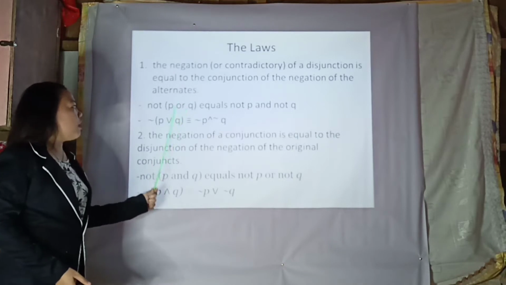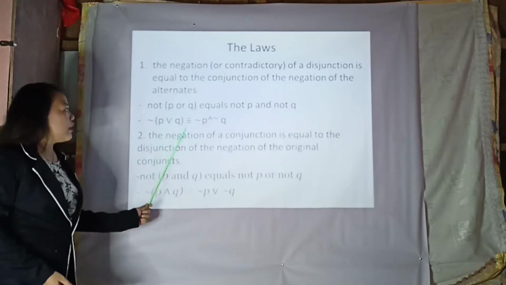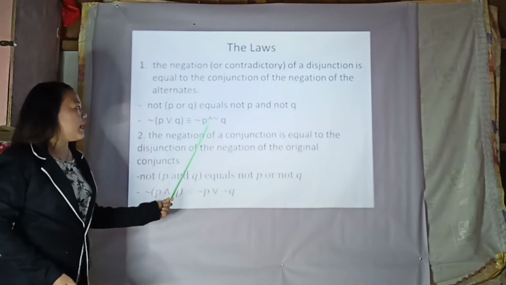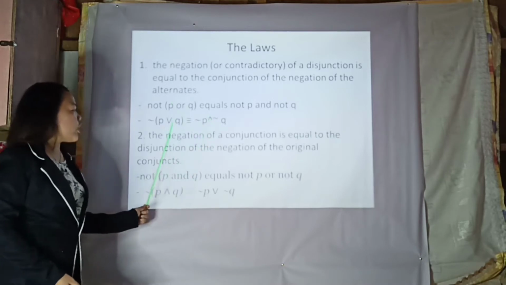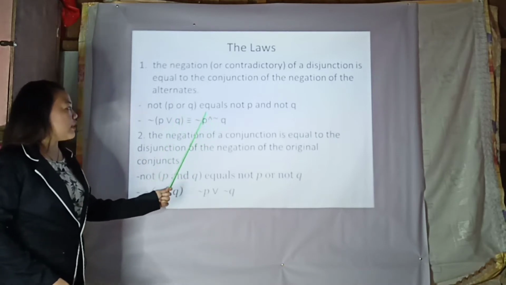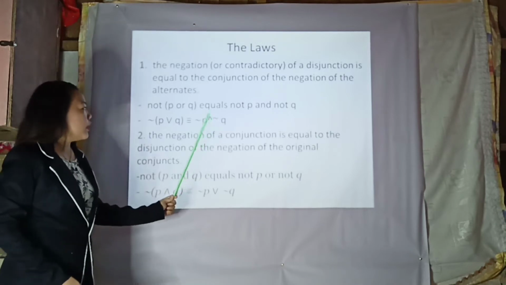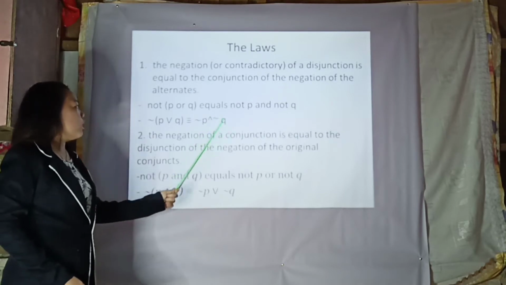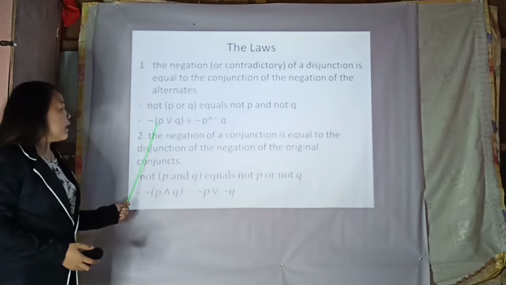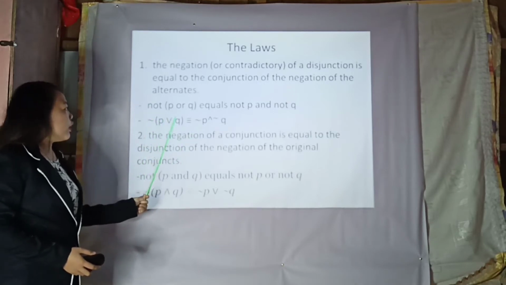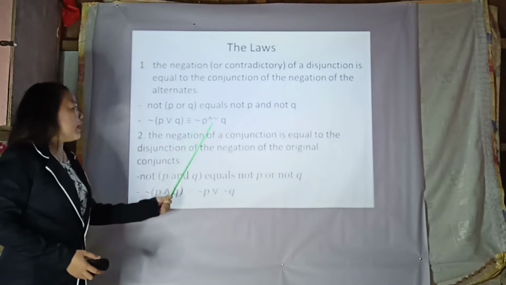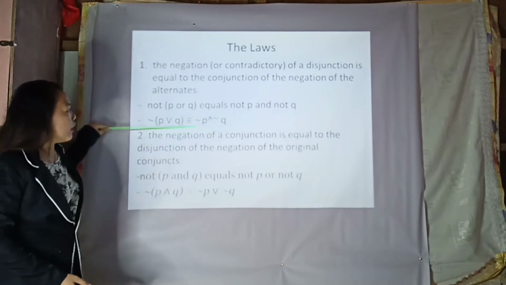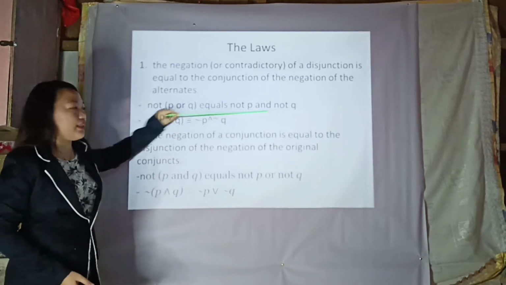The symbol of "or" is this one, and it is equal to not P, then the symbol of "and," which is the negation of "or," then not Q. So not P and not Q would be the same as these statements.